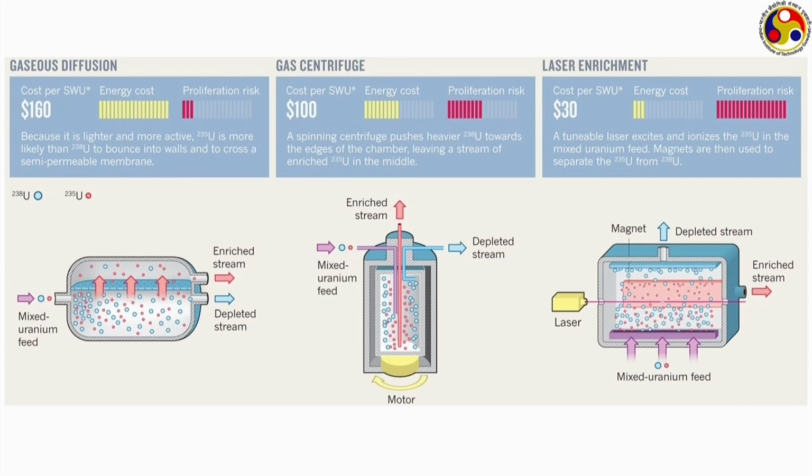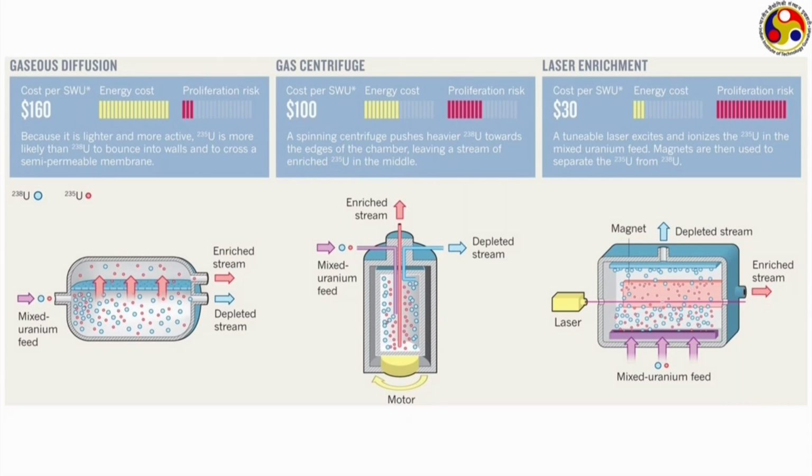Therefore, if we collect the gas close to the center line, there will be a much higher fraction of uranium 235 compared to uranium 238. So, the enriched stream is collected very close to the center of this centrifuge, whereas the depleted stream is collected from the edges of the container, near the wall.